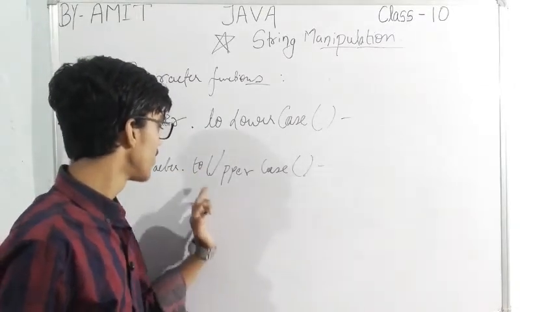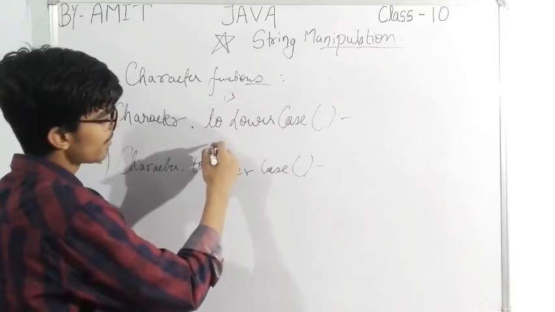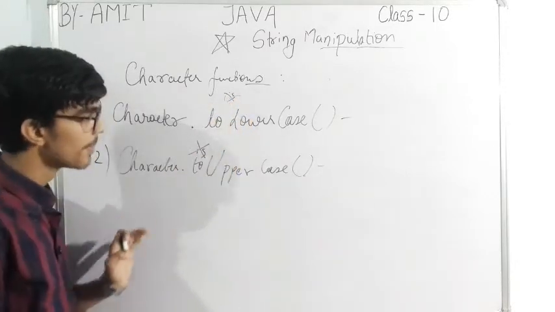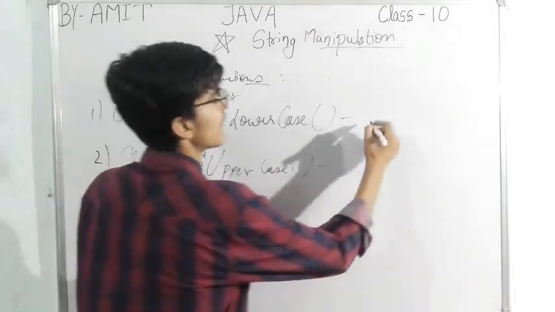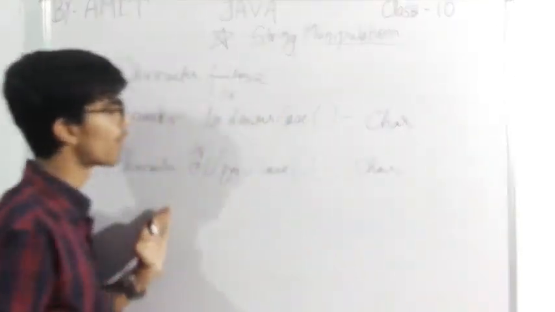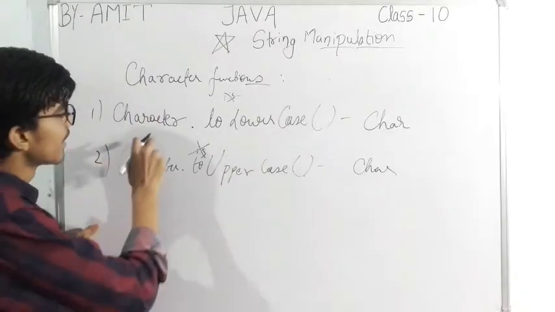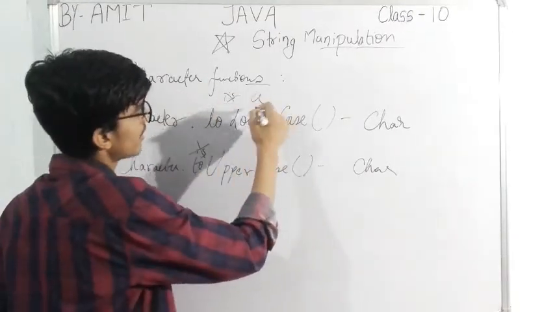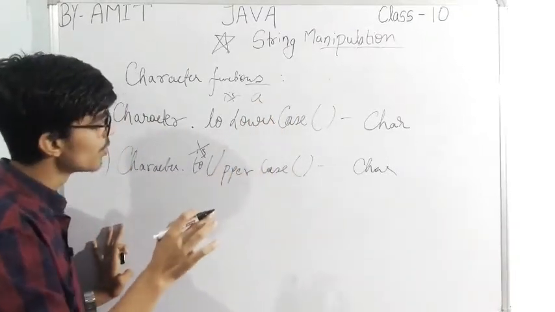Here, if you say that it is the same as isLowerCase and isUpperCase, that is wrong, because this returns the value in character form. If we enter a in isLowerCase, and a is in lowercase, it will return true.